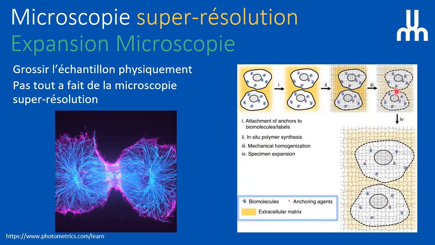It takes up the water and expands your sample, so at the end your sample is bigger. It keeps the structure, but it's just bigger. Then with a regular microscope you can see with better resolution because things move away from each other. So I included it in super resolution, but it's not per se a microscopy technique. It's more a way to get a better resolution, but not a super resolution technique.